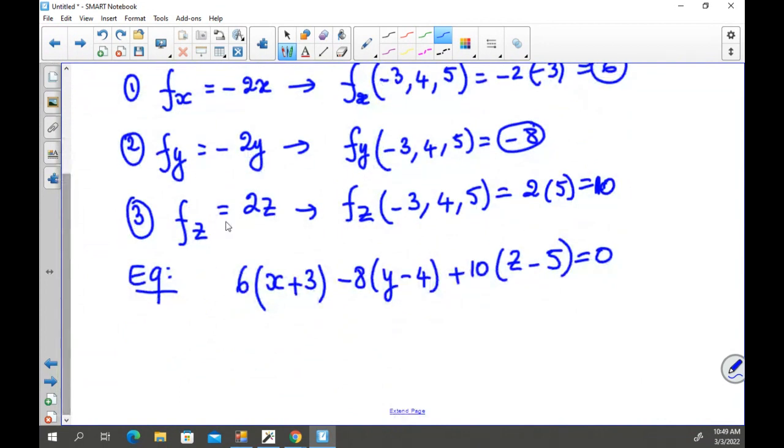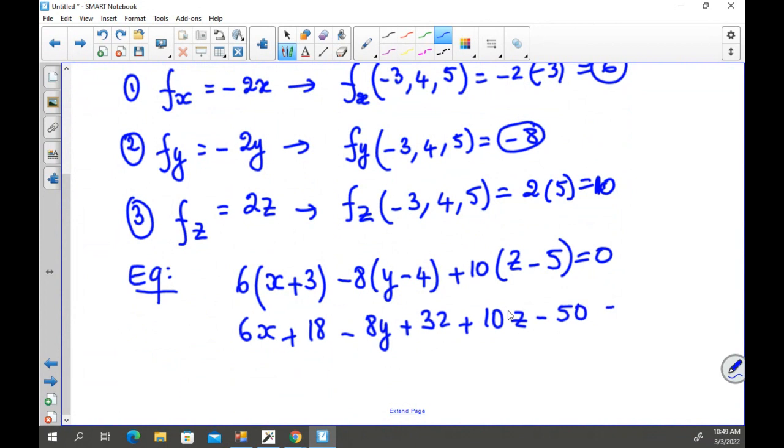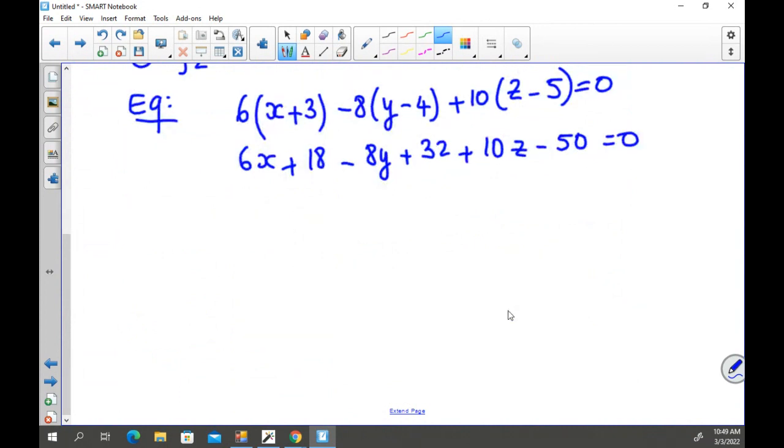Again, I don't think we see this form here, so you need to open these brackets and simplify. So you will see 6x plus 18 minus 8y plus 32 plus 10z minus 50 equal to 0.